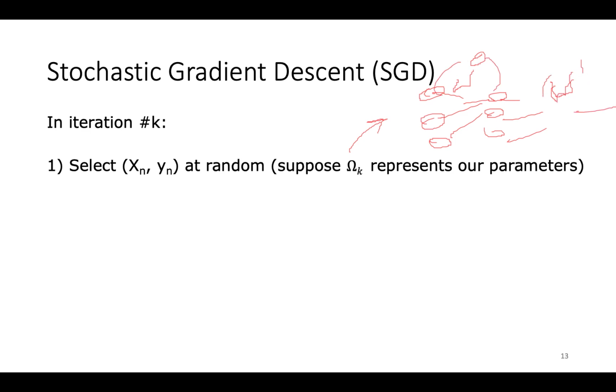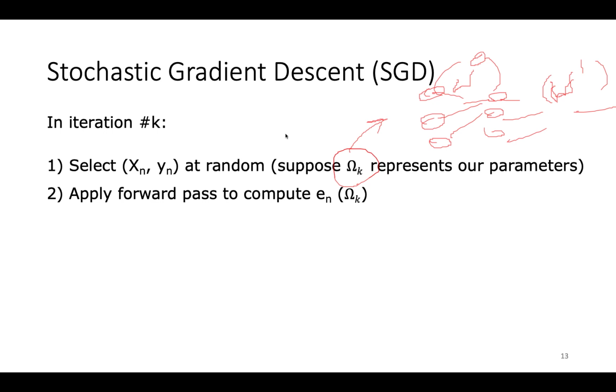So these were our parameters in this set. We have to apply a forward pass to compute this E of n given our current weights, because at the end of the day this will output x of L for us, and we compare it to the true value. We can compute this E of n for that specific training example.